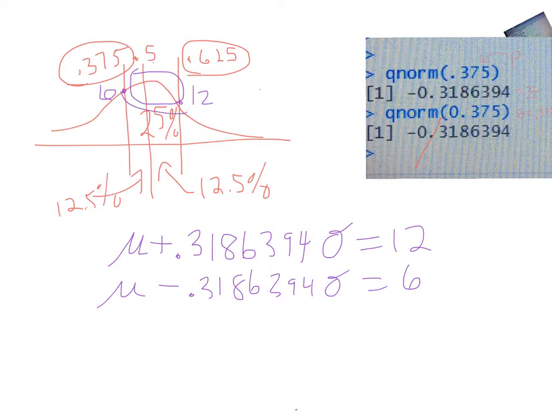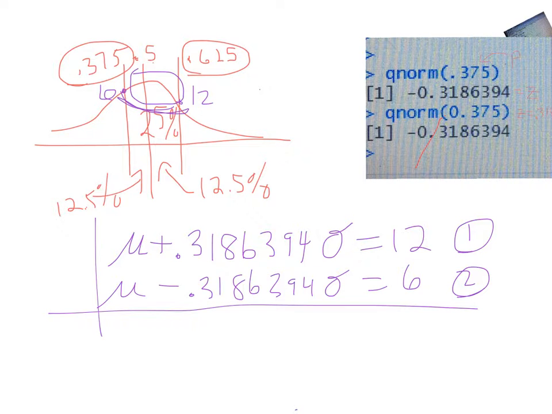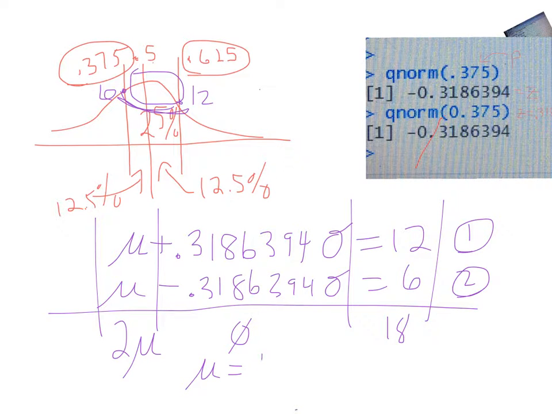It's in between 6 and 12, right? And so basically what we've done is created a system of linear equations. I don't know if you remember solving linear equations like this by elimination, that if you just add these equations down the columns, then you'll get 2 times mu, and this is 0, and this is 18. And so it gives us mu is 18 over 2, which is 9. So now we have our mu value.